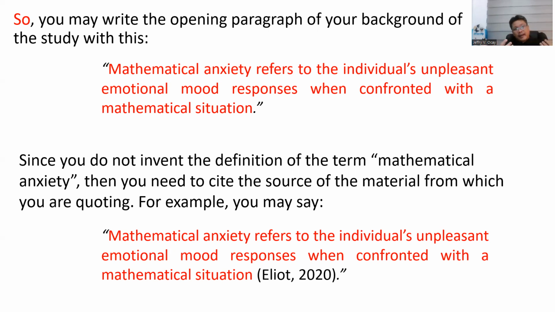So suppose that this definition is developed by Eliot, then we say mathematical anxiety refers to the individual's unpleasant emotional mood responses when confronted with a mathematical situation. And then we provide, using APA style, the source using an in-text citation. So we say Eliot 2020.